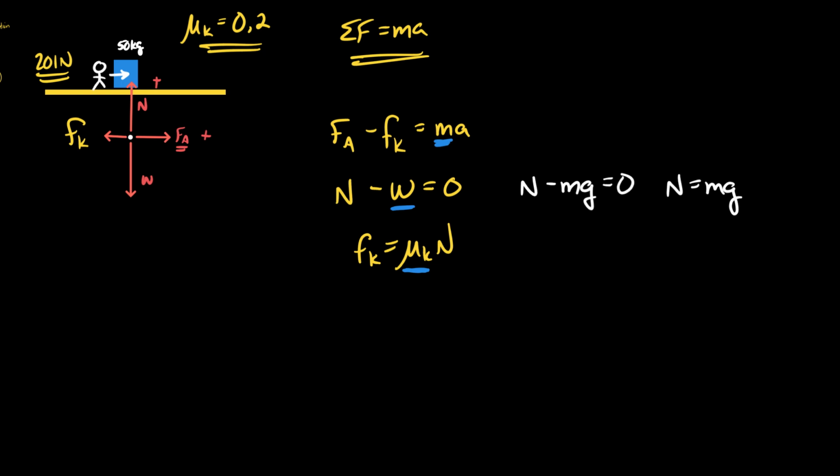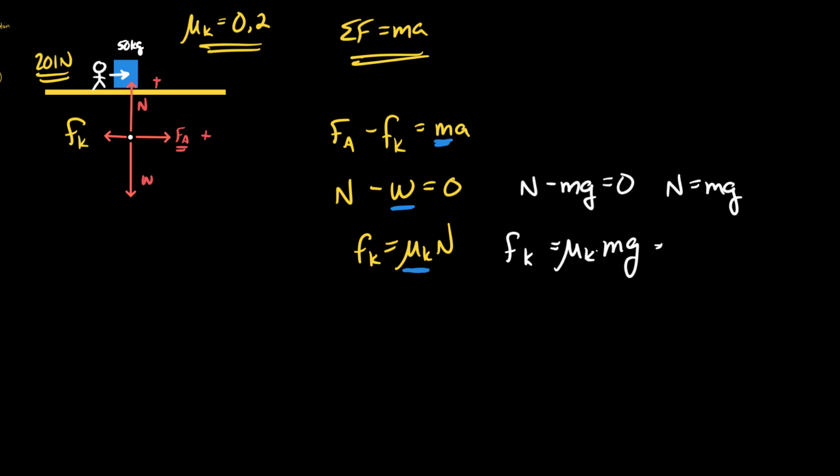Does that seem okay? All right, we've got to start. That's a good place to start. In fact, I'm pretty sure I could use this to say that the kinetic friction is equal to mu k times mg. Could I do that too? I know all of those things.